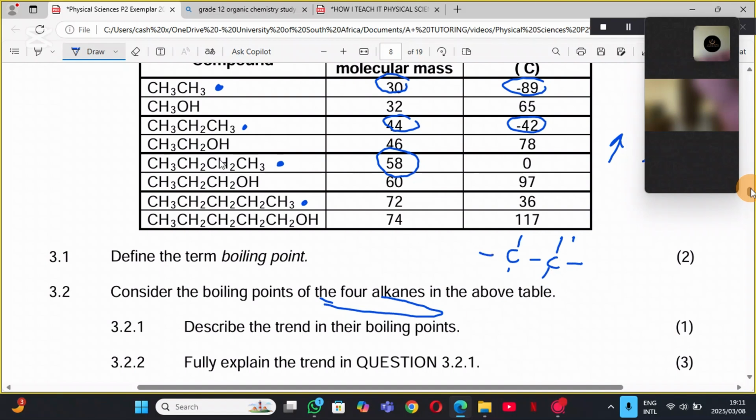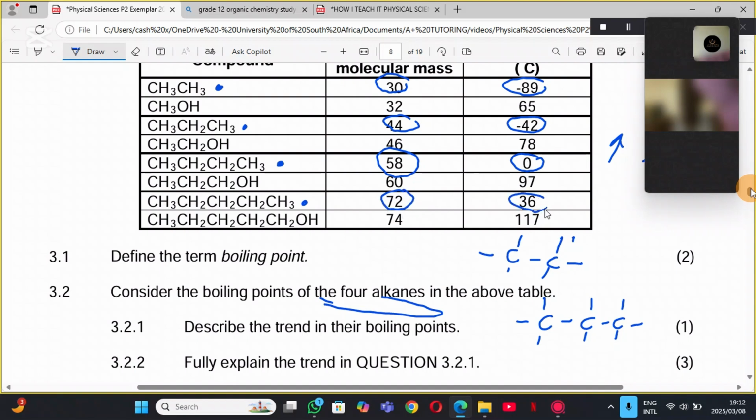And then I went to CH3, CH2, CH3, which means I now have 3 C's. Do you see that my chain size is increasing? It's CC, then CCC.